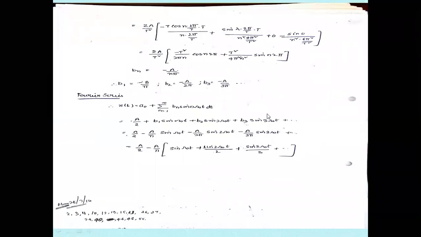An is equal to 0, and the third term is the sum of n is equal to 1 to infinite bn sine n omega naught t. What is bn here? B1, B2, B3 and so on.